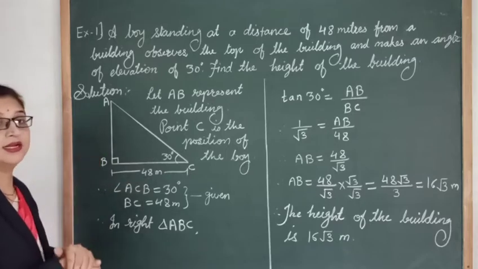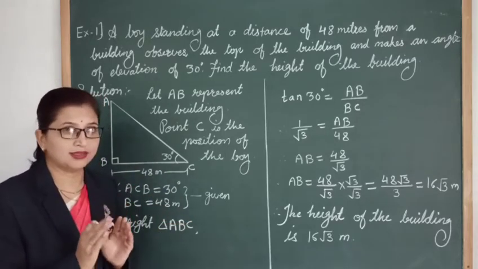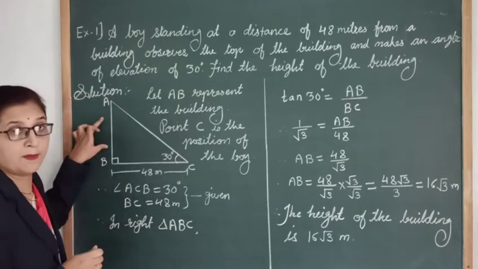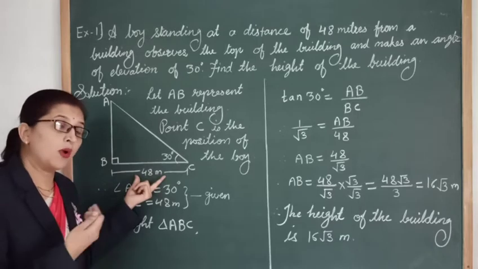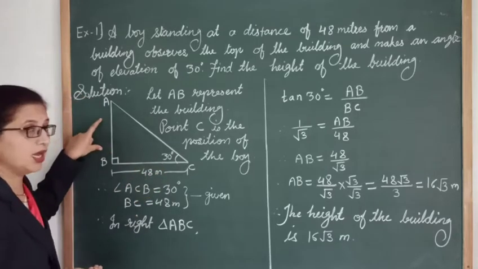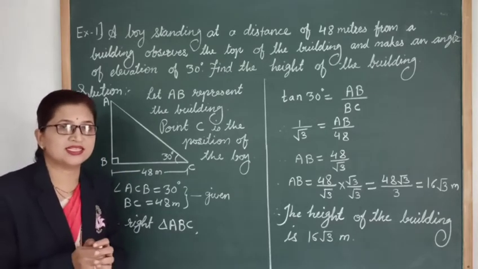These are tan theta and cot theta. For tan theta we use opposite upon adjacent, while for cot theta we use adjacent upon opposite. We can use either one to solve this example.